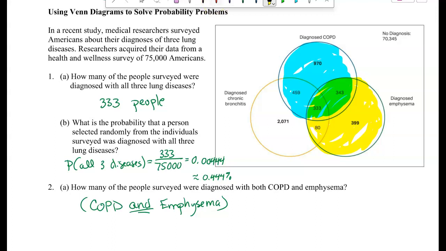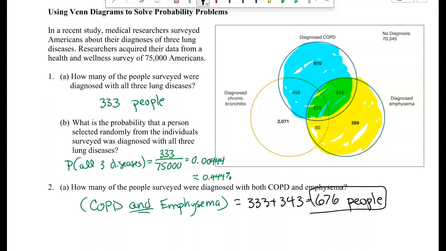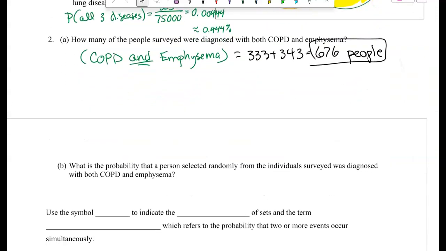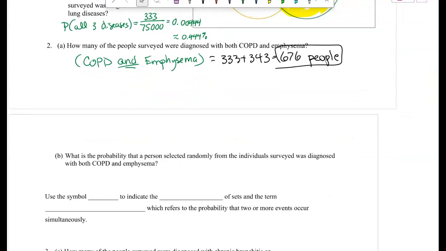So how many people are that? Yeah. So that should be 676 people. Guys, I feel kind of sad for those. Would you guys agree? Now, look what we're doing next, just the nuances of this question.